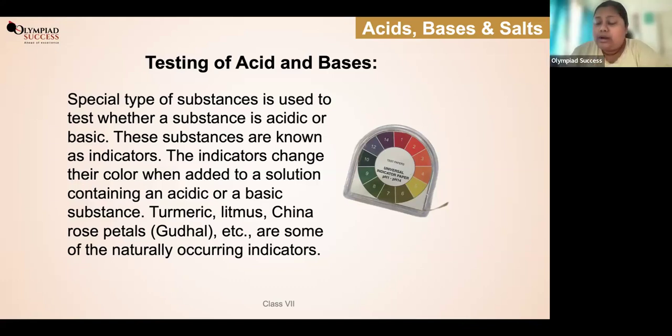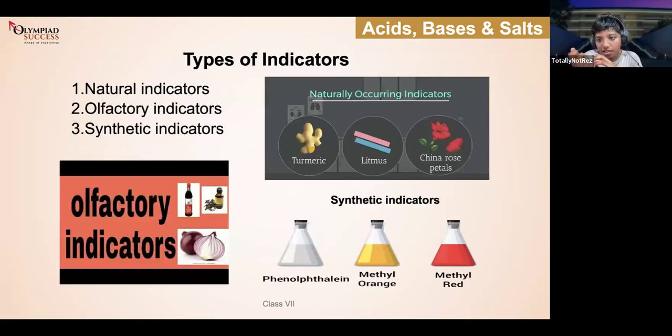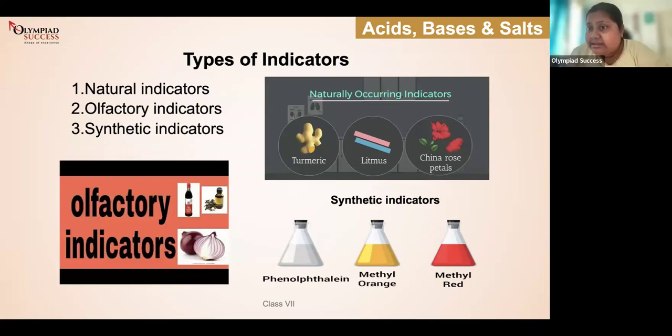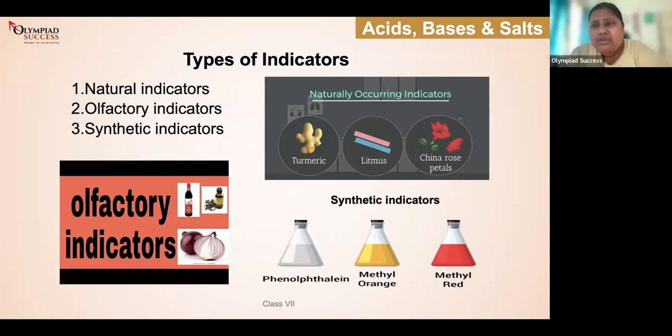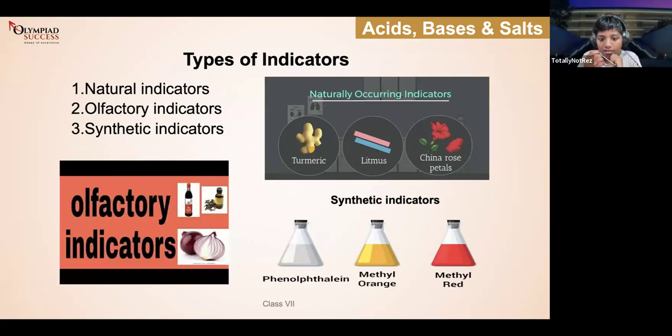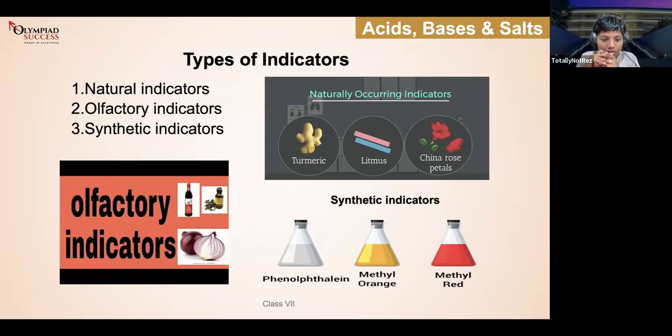Okay, so we will now understand the categories of it. Natural indicators, olfactory indicators, and synthetic indicators. Natural indicators are turmeric, China rose, and litmus. And olfactory indicators: what is olfactory? Smell related.